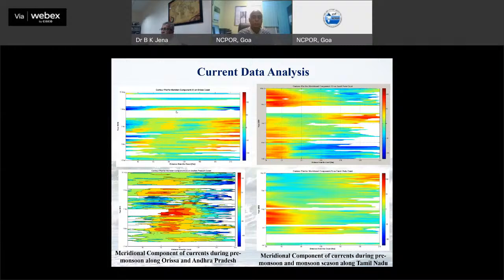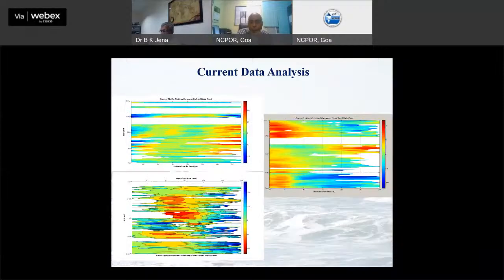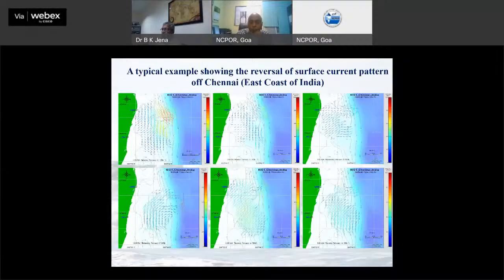And I have analyzed some of the data for different states, the U and V components of Andhra Pradesh and Tamil Nadu, starting from the coastline up to 200 kilometers offshore, with the variation across different years, different times, and spatial differences.